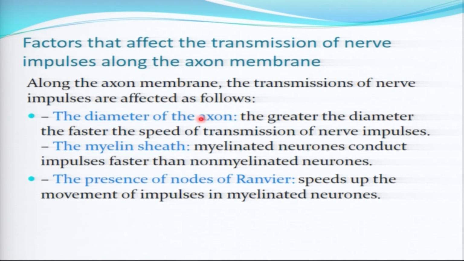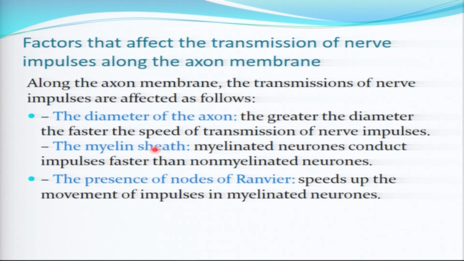This increases the speed of transmission of the nerve impulse because the diameter is large, so the impulse can pass quickly. Are you getting that point? If the diameter is thin, the message will pass slowly. So one factor that can make the nerve impulse be carried quickly is a large diameter.